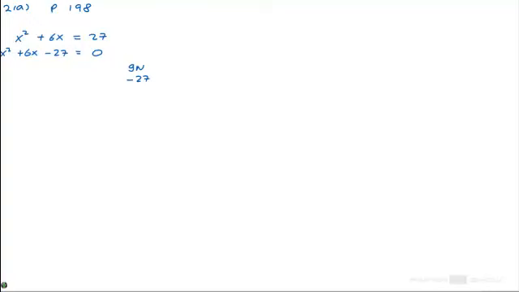Hopefully you know that 1 and 27 won't work, 2 nothing, 3 and 9 look like they might work. So it's either 3 and minus 9, or minus 3 and plus 9. We want to see which one of those will add together to give us plus 6, because plus 6 is in the middle.